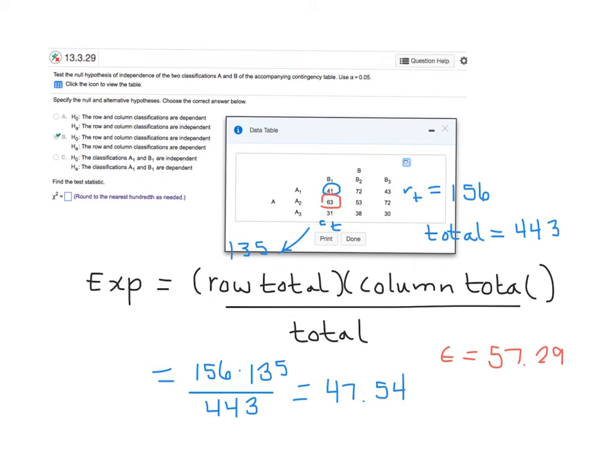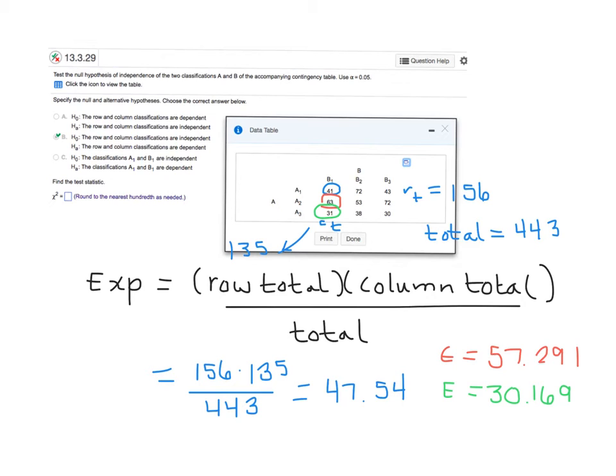Give you one more. Say we're in row 3, A3, column 1, our expected count would be equal to 30.169-ish. And we'd have to continue to do that for the remaining 6 cells.